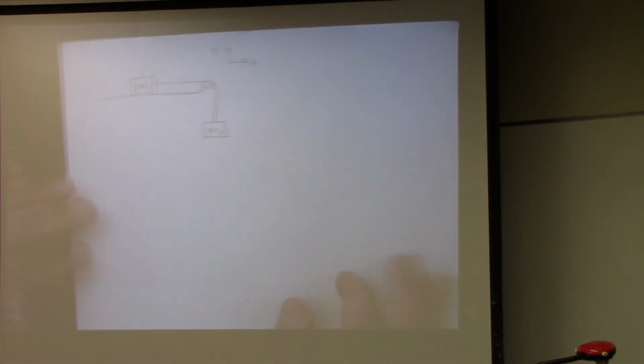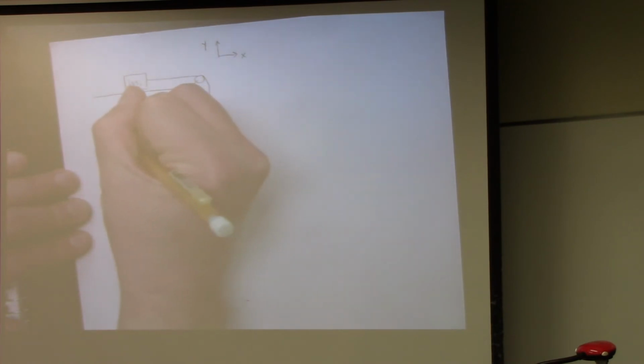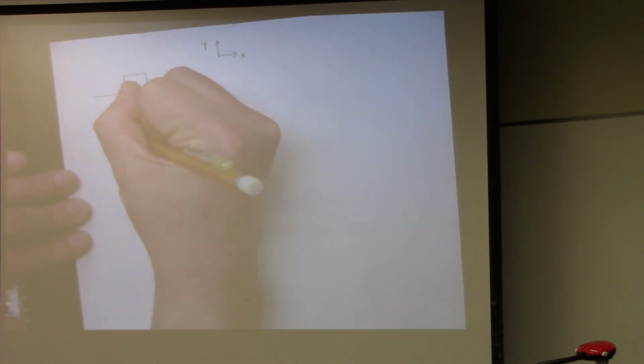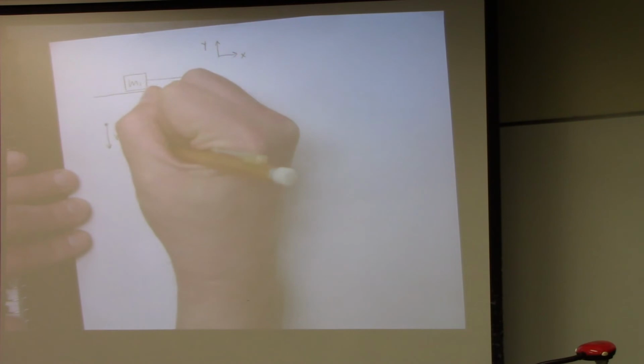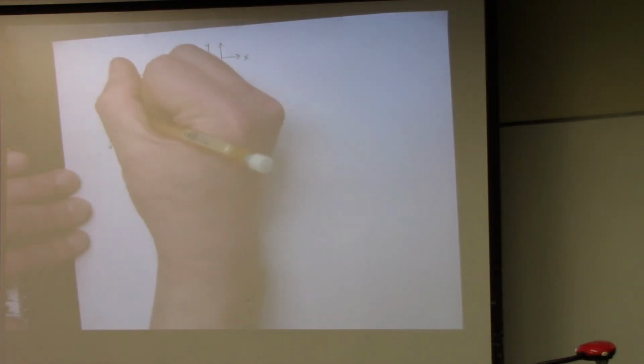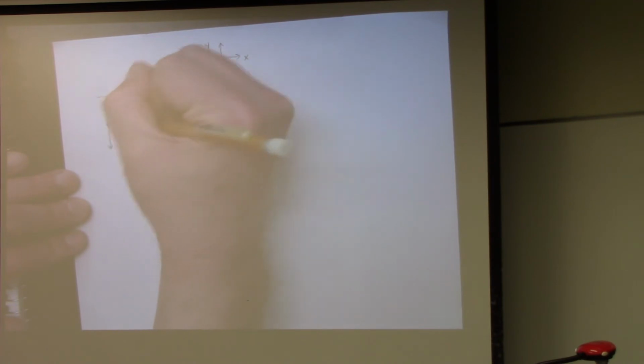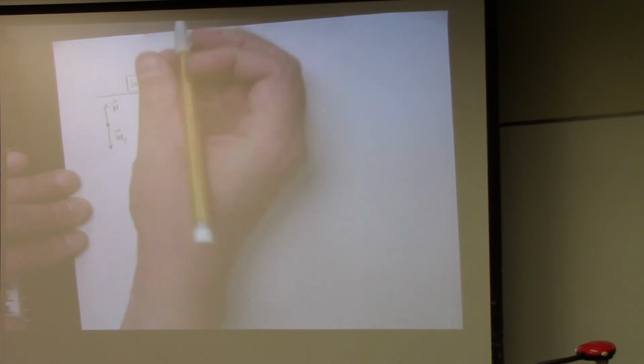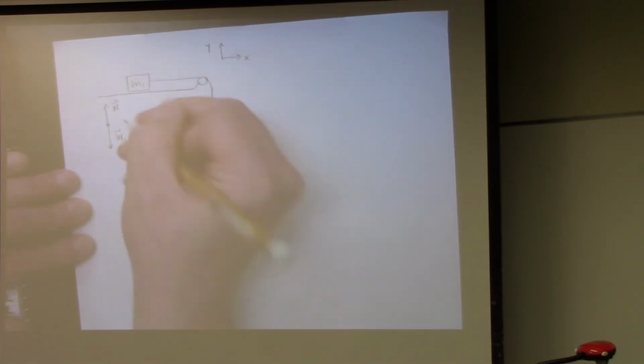Okay, so for M1, here's what we have. We've got the weight, got to label this W1, keep it straight from W2. There's a normal force going up. That's the normal force from the table. We've got tension, which is pulling this block to the right.